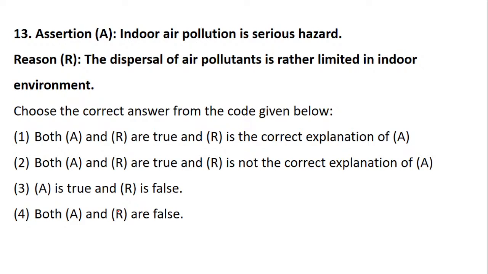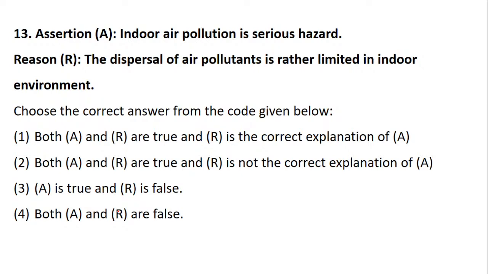Okay, fine. Now, assertion and reason. Now see this assertion reason question, which is related to one concept. The assertion is that indoor air pollution is a serious hazard. The reason given is that the dispersal of air pollutants is rather limited in the indoor environment. It's a very common concept, especially we grown-ups know very well about this.